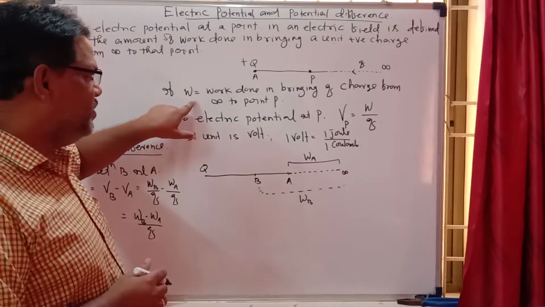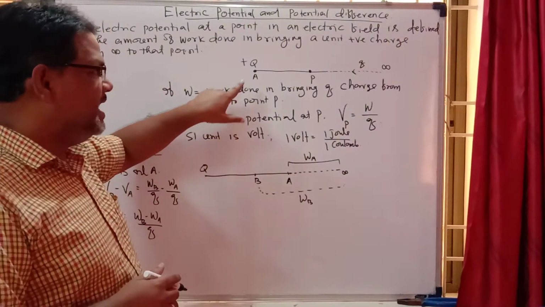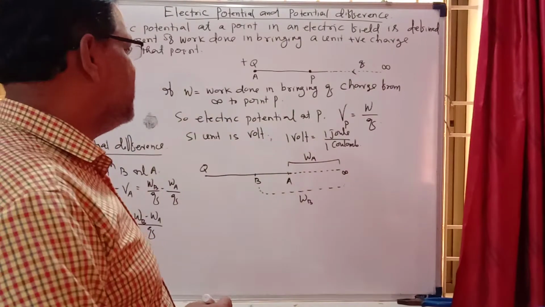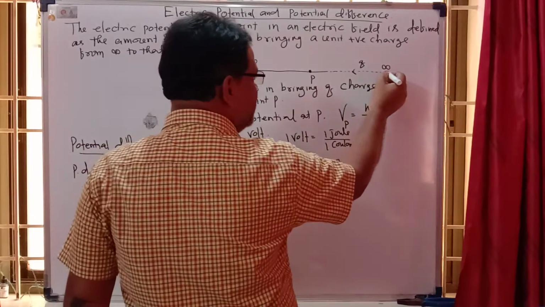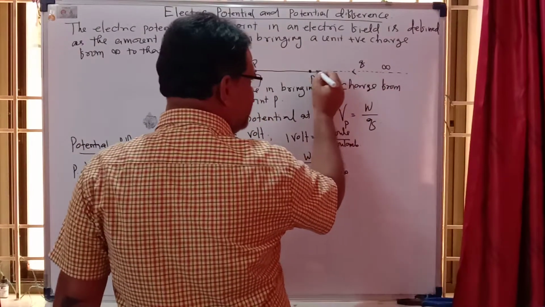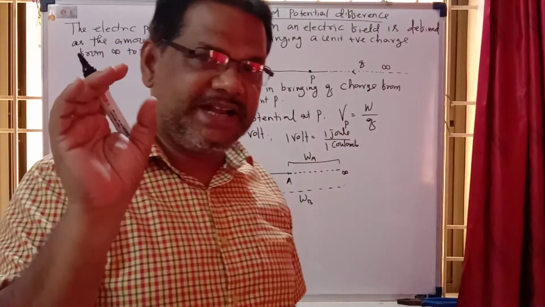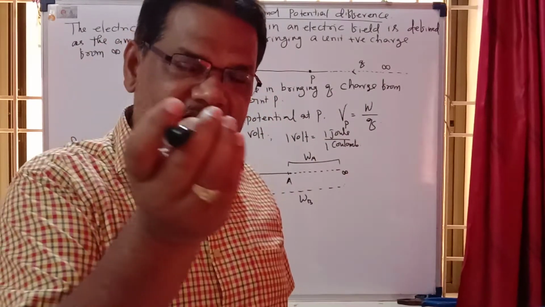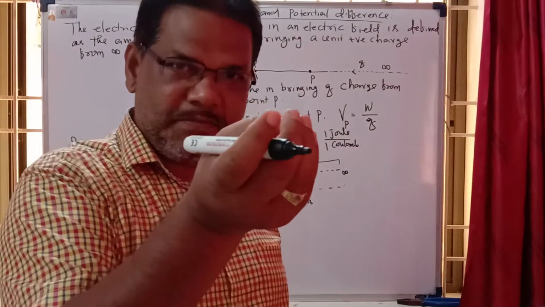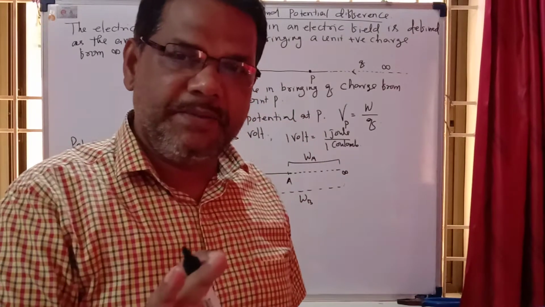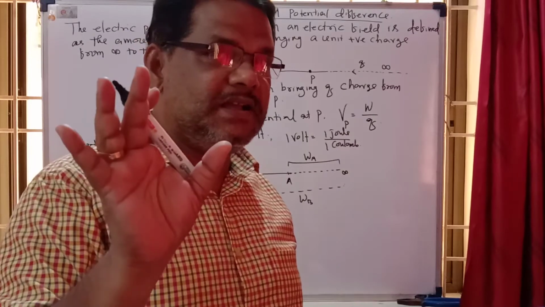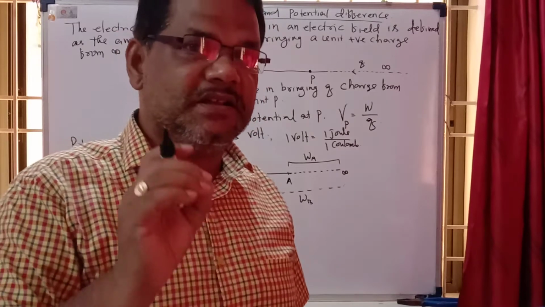Suppose W is the work done in bringing Q amount of charge from infinity to point P. As you bring the charge, a force must be acting on it, and as the charge moves a distance, some work is done.